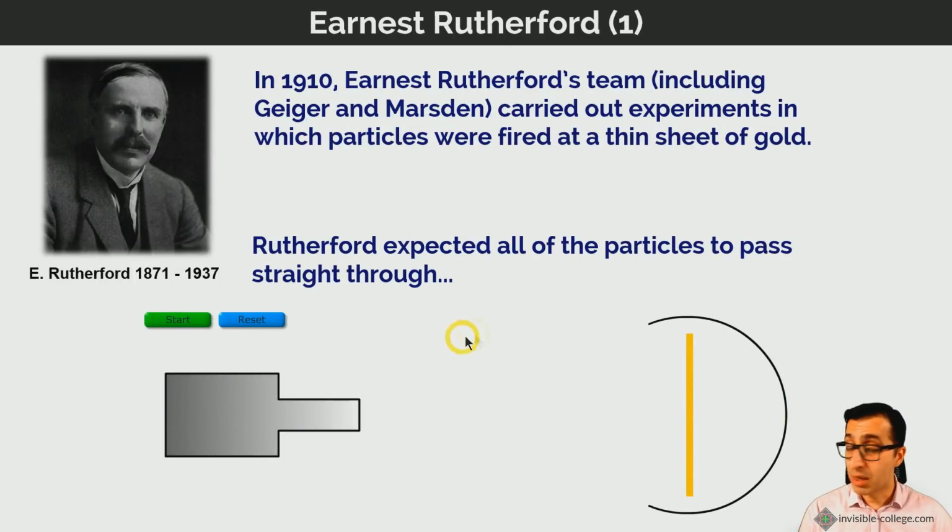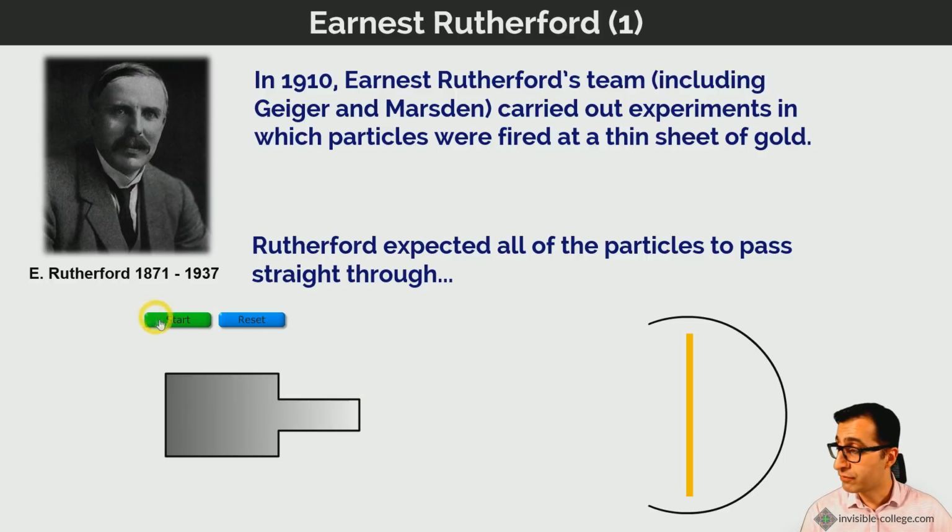Now, according to the plum pudding model, if the plum pudding model was correct and these atoms were diffuse, positively charged spheres within which you had these negatively charged particles embedded, then in principle all of the alpha particles which were fired at this sheet of gold film should pass through that gold film. And so this is what he expected to happen on the basis of the plum pudding model.